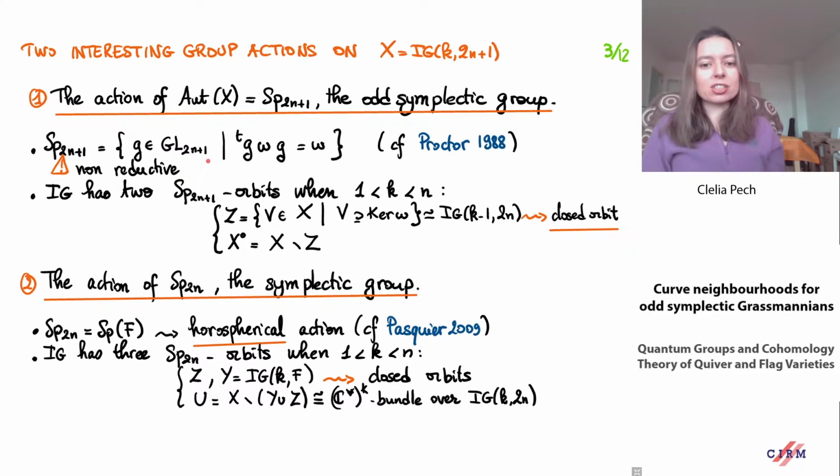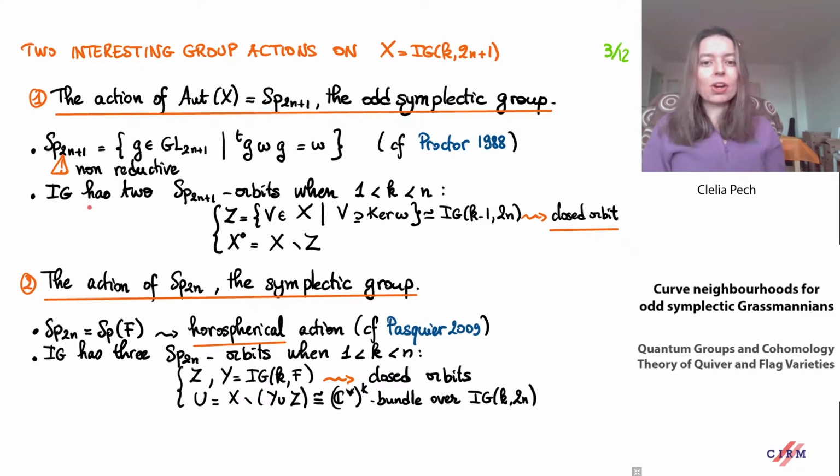This is just the group of matrices, or linear maps on my space E, that preserve the odd symplectic form. It's an algebraic group, but one thing to notice is that it's non-reductive. And it was extensively studied by Proctor in 1988. Of course, there are lots of results about it that I will not mention in a lot of detail.